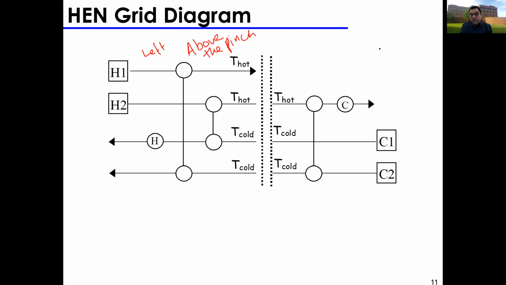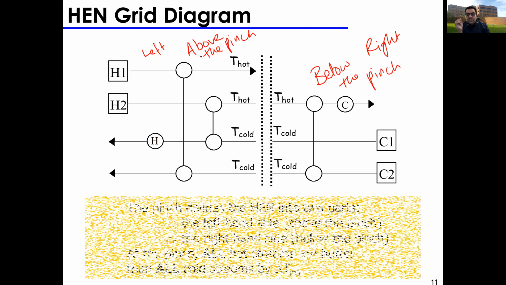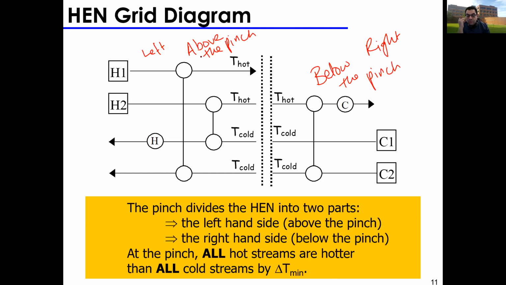And this is your right-hand side, and this is called below the pinch. And if you think about it, it makes sense because we always have higher temperatures on this side than this side. So I divide into two parts, left-hand side above the pinch, right-hand side below the pinch.